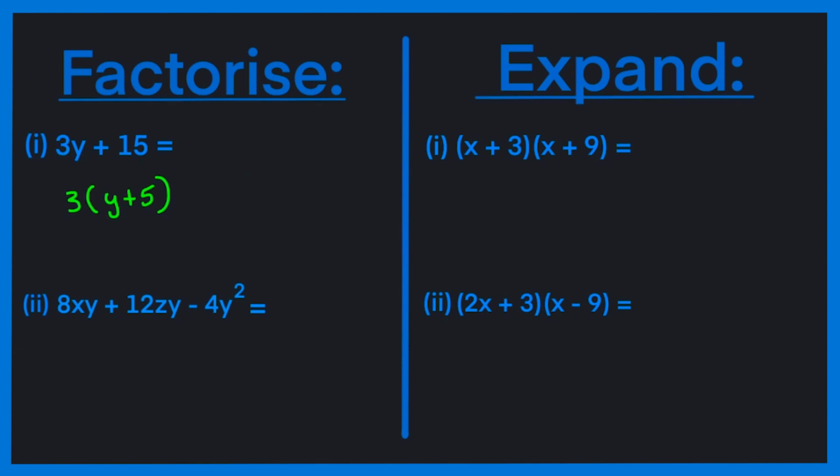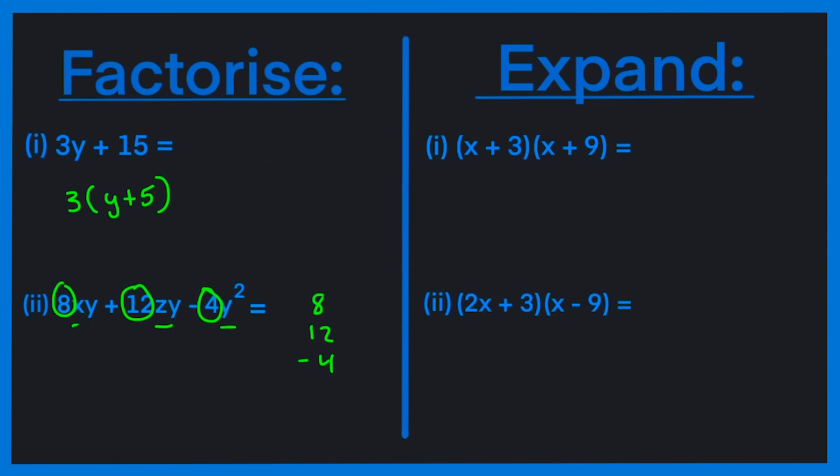Alright, so the second question looks a bit trickier. However, it's the exact same concept. Now, it looks trickier mainly because we have multiple different algebraic expressions present within this polynomial as well, such as xy, zy, and y squared. So first, think about the numbers that we actually have initially. So we have 8, 12, and minus 4. So we know that both 8 and 12 are divisible by minus 4.